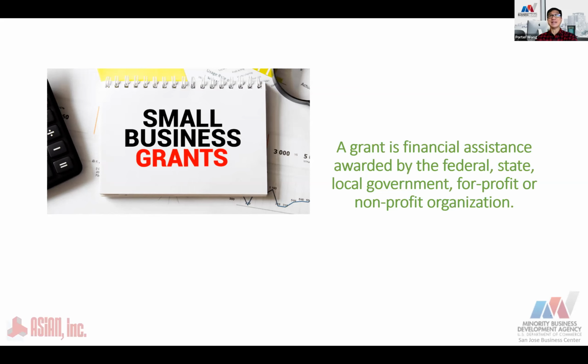And then the EIDL cash advance, and of course, last year we had the California relief grant that small businesses could apply for. They could get anywhere from 5,000 up to 25,000 without needing to repay the government.